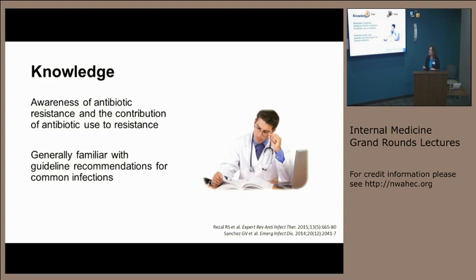Well, the data from systematic reviews and meta-analyses seem to show that clinicians have a pretty good awareness of the concept of antibiotic resistance and the link between antibiotics and resistance. And they're generally familiar with guideline recommendations for common infections.